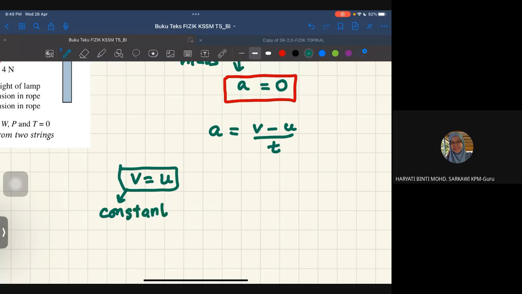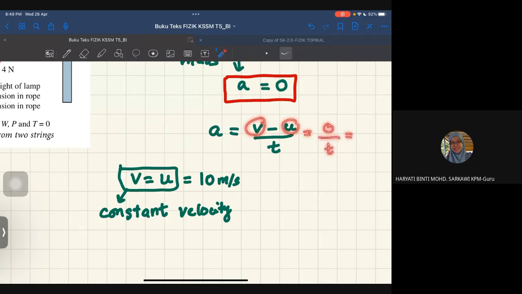There is a value of constant velocity. Let's say v equals u, and at all times the velocity is 10 meter per second. So v is 10, u also 10, so 10 minus 10 is equal to 0, and 0 divided by t, you will still get 0.